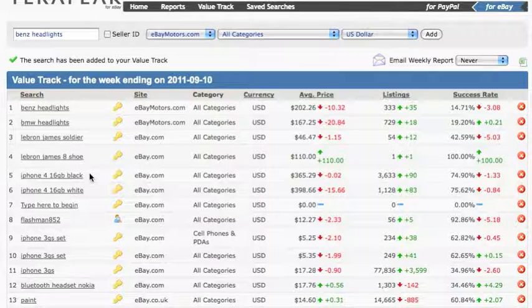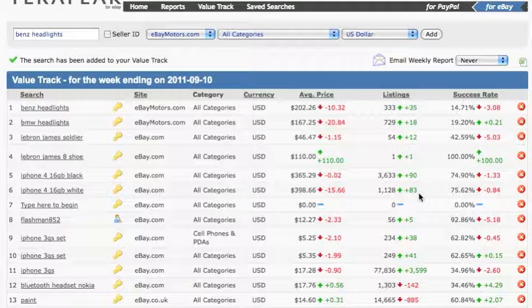So for example, if my cost of sourcing a white iPhone is the same as a black iPhone, I can definitely see from this data that the white iPhone, first of all, the price is converging to the black iPhone, dropping by $15.66, but also the margins will be much higher selling the white versus black.